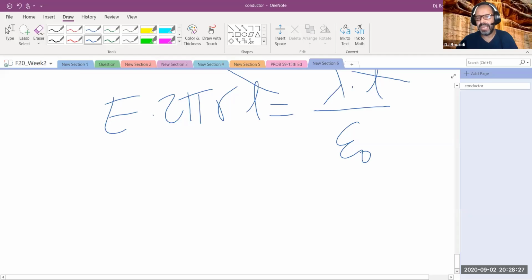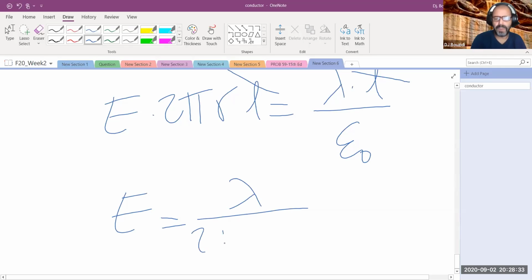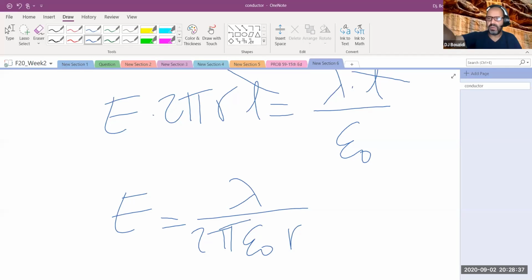So at the end, the answer should not depend on it. And the answer, of course, is E equals lambda over 2 pi epsilon naught r, as we found last time when we did it with the integral. Probably we used the letter y, but it doesn't matter, that's just how far we are from the wire.